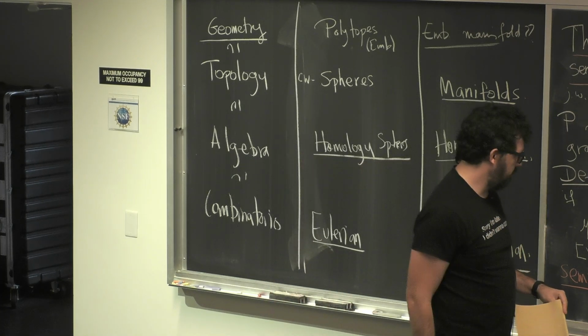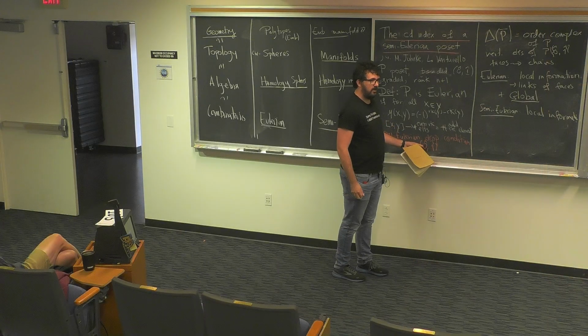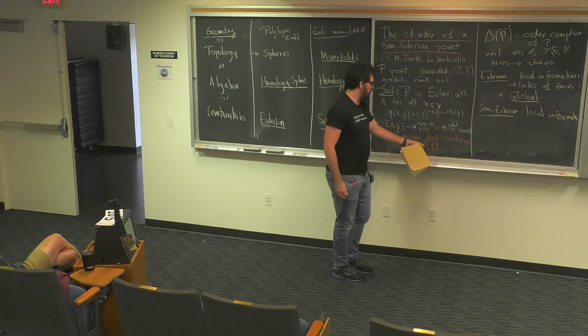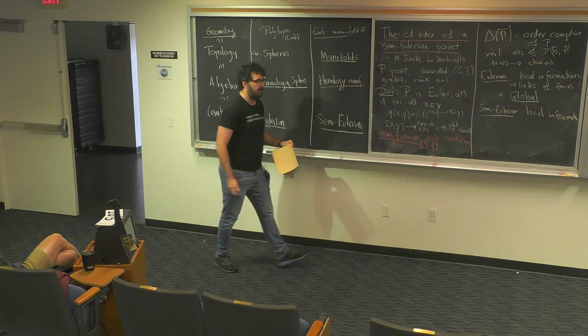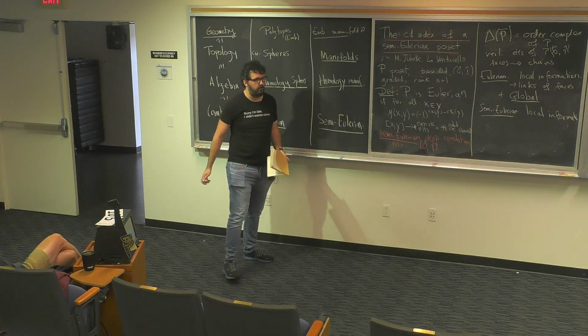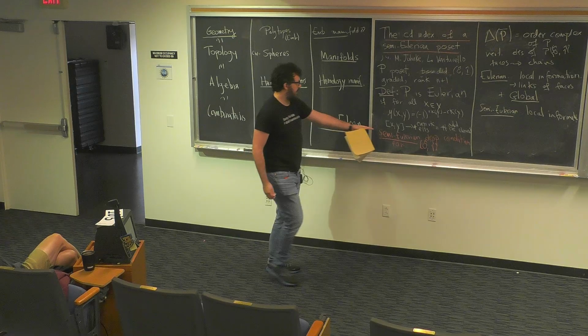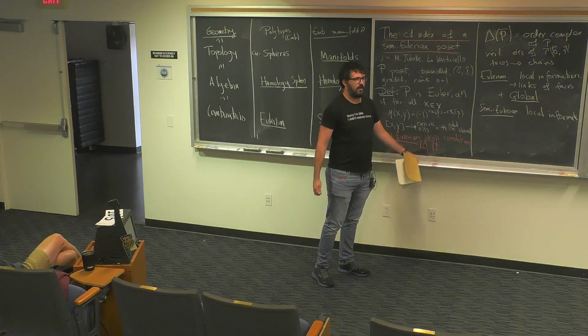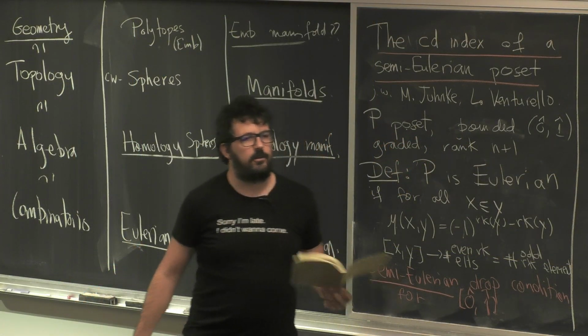So to answer Dave's question, I really want to use the 0, 1 here, because when I compute its Mobius function, it is going to tell me I have a semi-Eulerian complex. It's kind of like a manifold. And the 0, 1 tells me the Euler characteristic of that manifold.